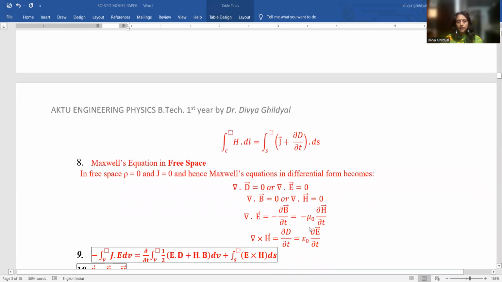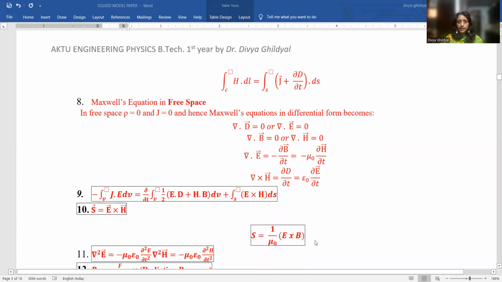In free space, rho is equal to 0, current density J is 0, charge is 0, and Maxwell's equations reduce to del dot D equal to 0, del dot E equal to 0, del cross E equal to minus del B by del t, and del cross H is equal to del D by del t.